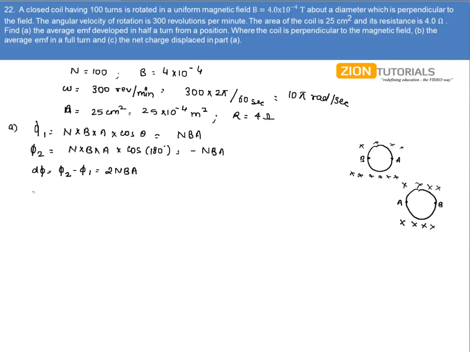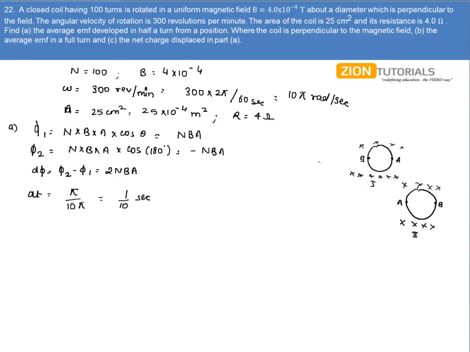Now to calculate the time dt that it takes to rotate from the first condition to the second condition, the angle it turned will be pi radian because 180 degree it turned in that time. So to calculate the time it took to rotate pi radians, we write pi divided by 10 pi, which comes out to be 1 by 10 seconds.